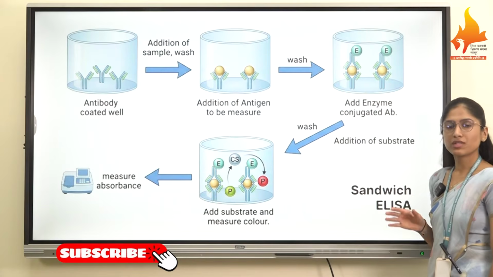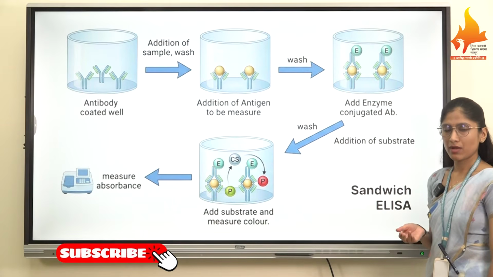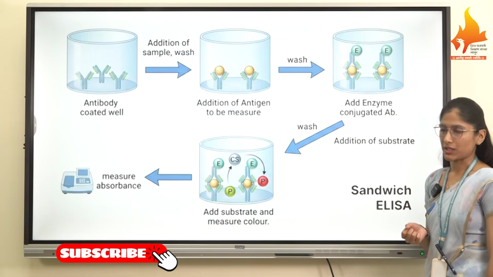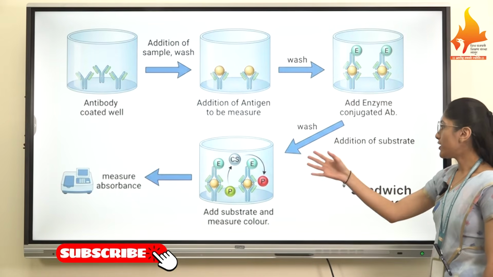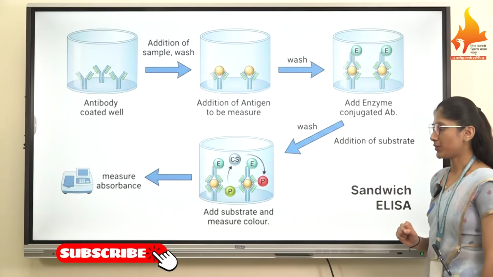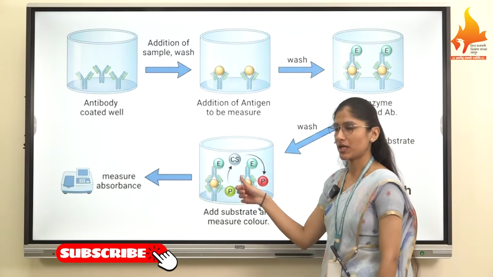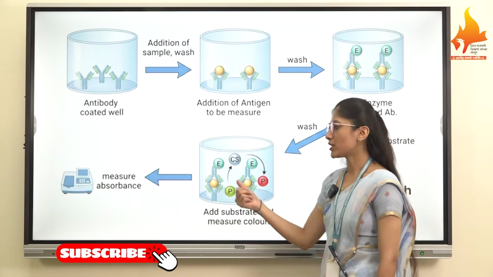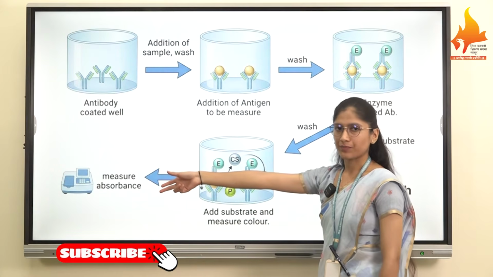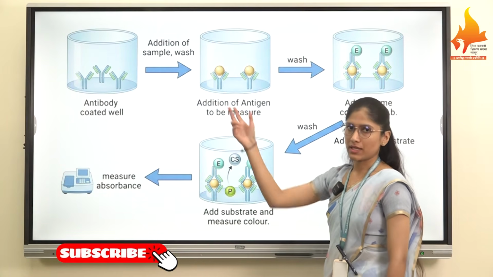Or if we use the beta-galactosidase enzyme, we use the X-gal, which forms the blue color. So here, addition of chromogenic substrate. Then the color intensity of that colored product is measured spectrophotometrically. That is the sandwich ELISA.